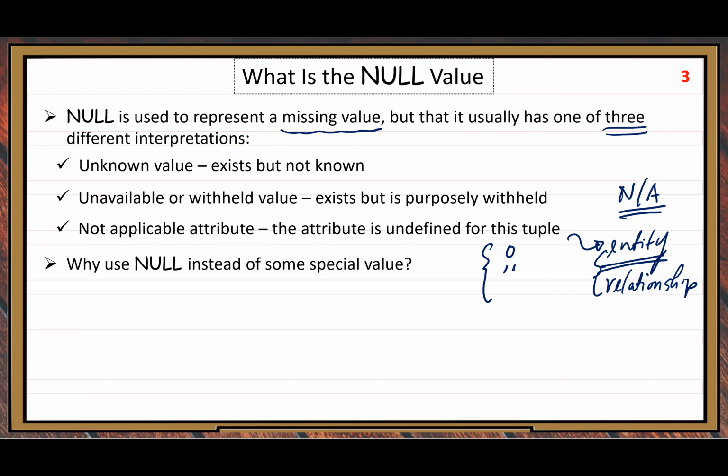And sometimes -1, because if you use 0, that 0 probably is meaningful. If 0 is meaningful, but that value is not provided and you use 0, then you may get a wrong interpretation. So you may use -1 in that kind of environment.